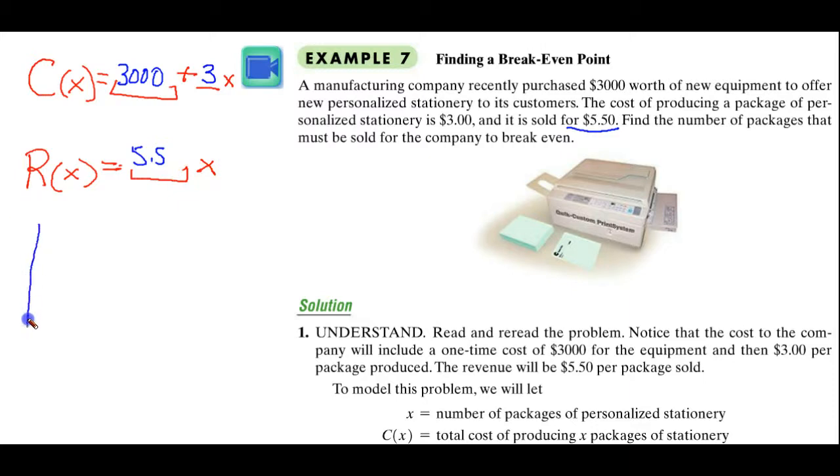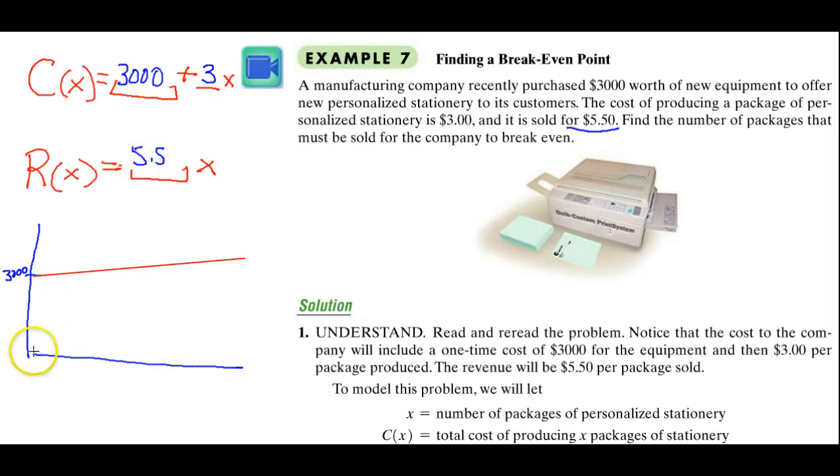Now, if you were to make a graph of this, this one starts at 3,000 here, and it goes up by 3. So you're going to have a line that looks like so. Okay? Now, when you start to sell things, you start here at 0. You didn't sell any. But since this is only increasing by 3, that's the slope in a sense.